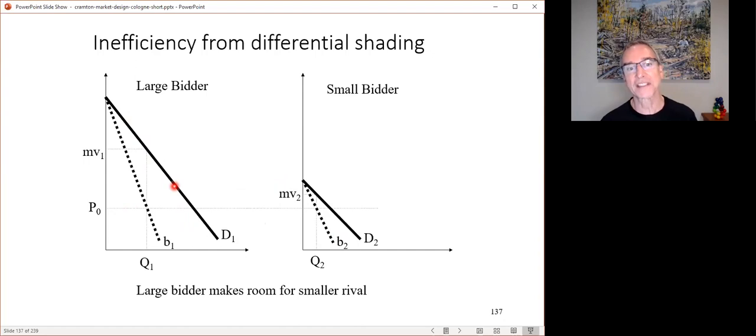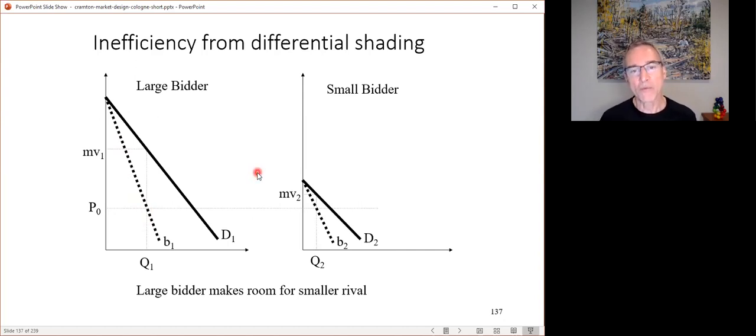So efficiency dictates, in this case, the large bidder should win everything. But instead, what the large bidder does is substantially shade her bid. And as a result, this large bidder is going to make room for the smaller rival. And that's the source of inefficiency in the uniform price auction.